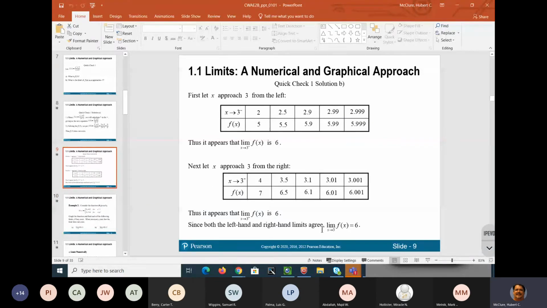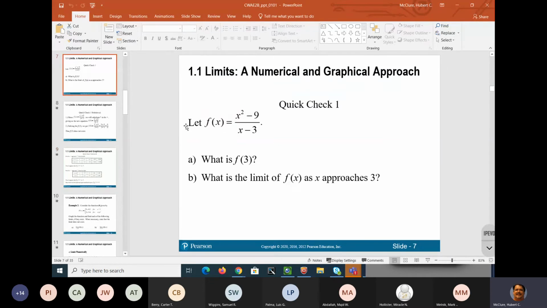There it is right there. So you have to use limits and algebra together to find out about your limits. That's a good test question right there, so you might want to write that one down as an example of what I would ask you out of 1.1.